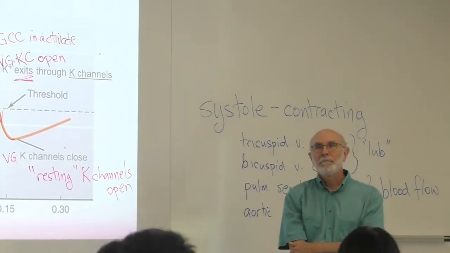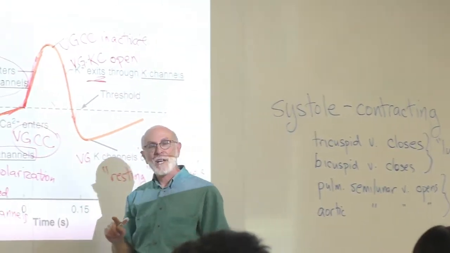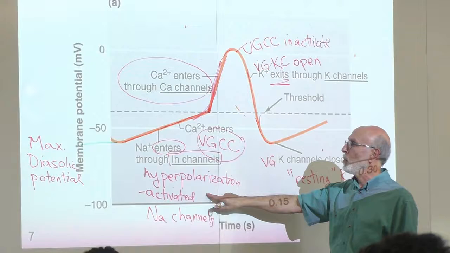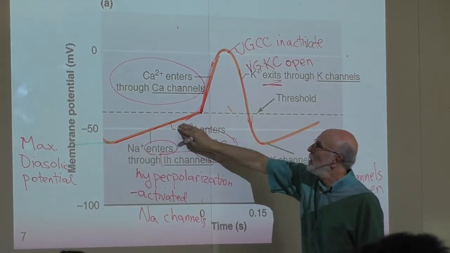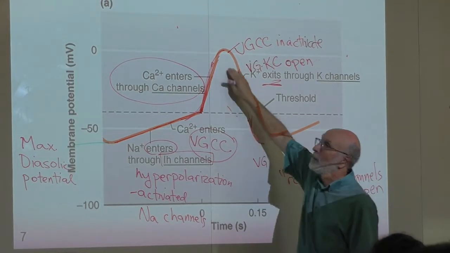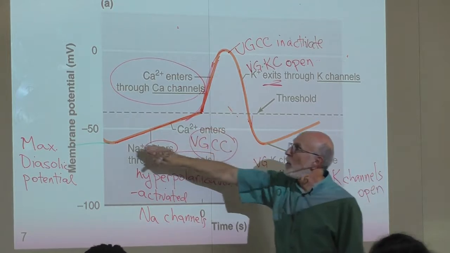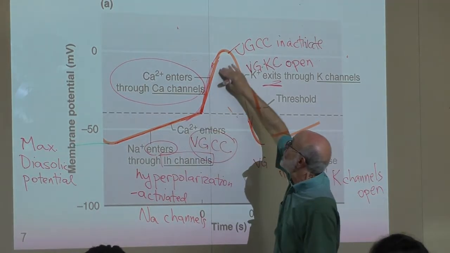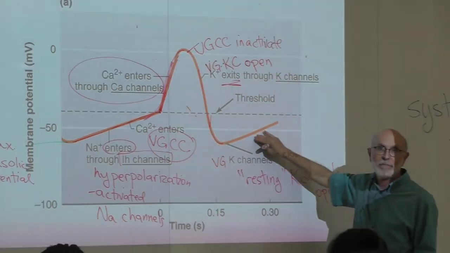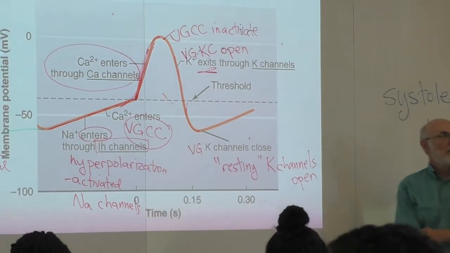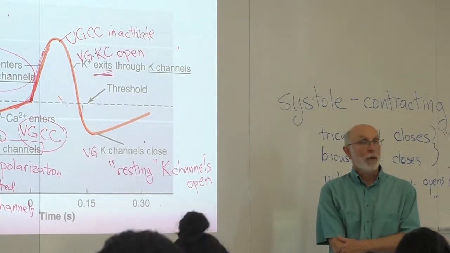What happens to IH channels during the action potential? That's a good question. If they're opened by hyperpolarization, what do you suppose happens to them here and here? They're closed. So they're open here, close, close, close, start to open, open, open. They're opened by strong hyperpolarization.